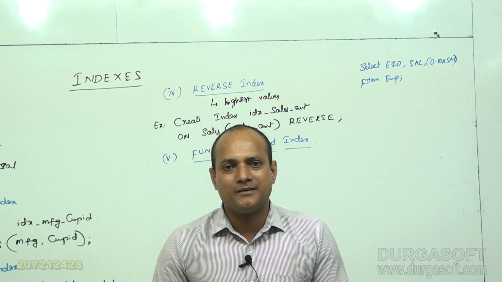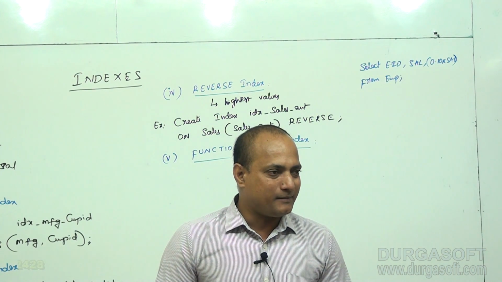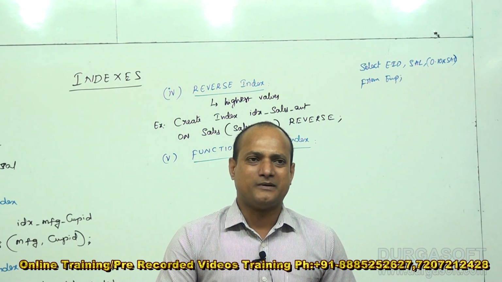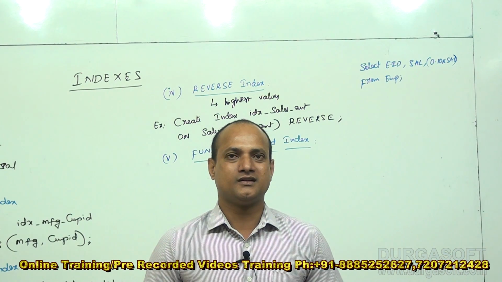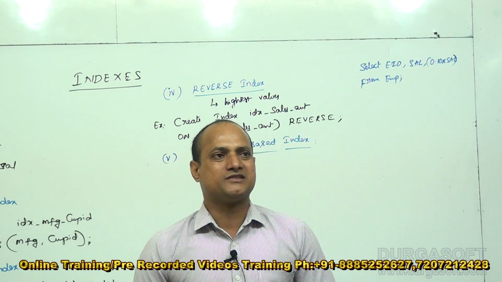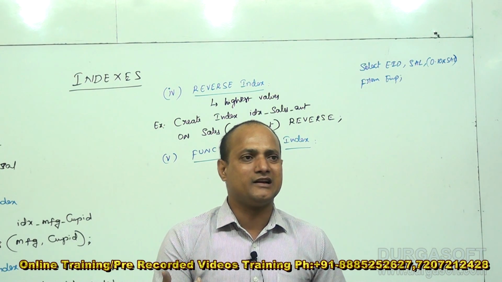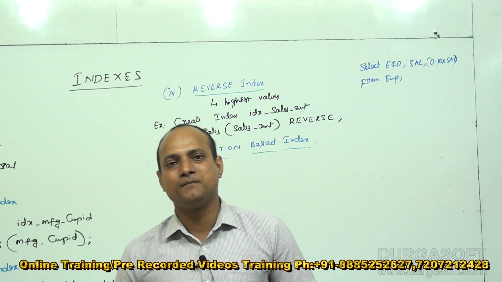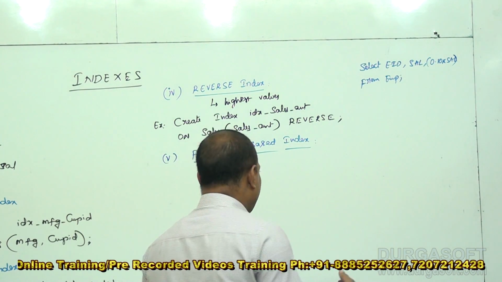Frequently you are doing the same action. Then what will happen? Every time it has to perform the same kind of operations on the column. 10% of salary it has to calculate. It will take some time for calculations. If I maintain already calculated values in the index, then your value will be searched based on the index.